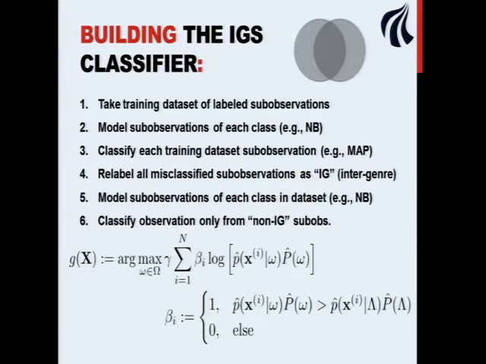So this is like modeling the intersection of the two circles in the Venn diagram. Then we relabel all of those as this intergenre, and we model all the sub-observations again, including modeling this intergenre class. So now we hope to have models of the unique characteristics of each class, plus a model of the similarities between all the classes together.